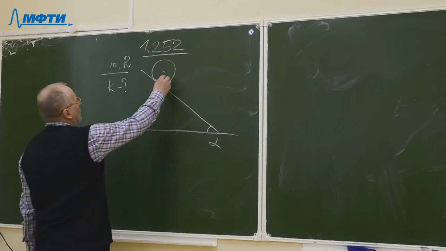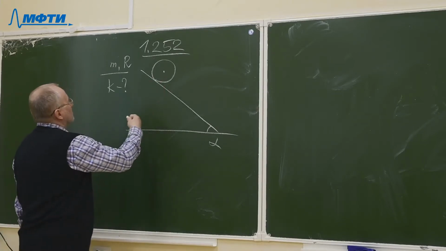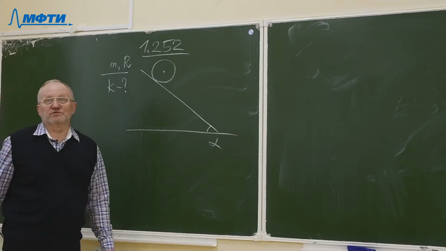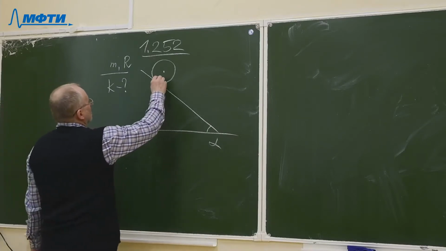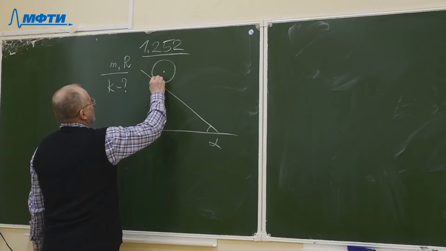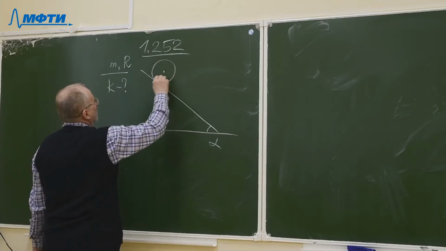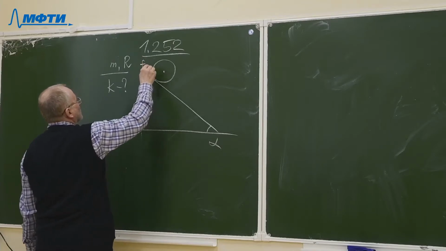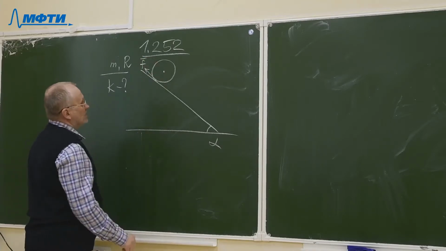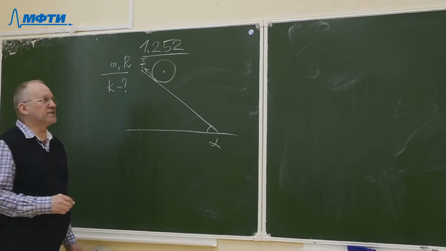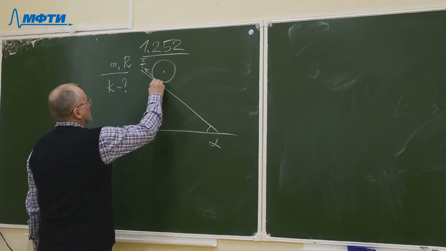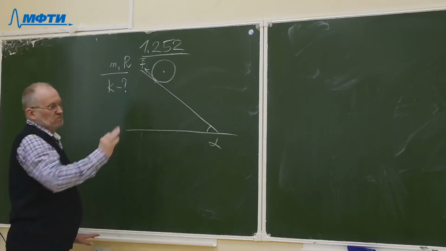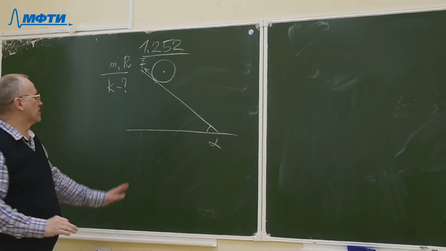To solve this problem, we must consider forces, because the problem deals with the force of friction. So the force of friction is obviously applied to the ball in this direction. That is the force of friction. The same force, equal in magnitude and opposite in direction, is applied to the inclined plane, to the surface, but we are not interested in it because we don't need it.